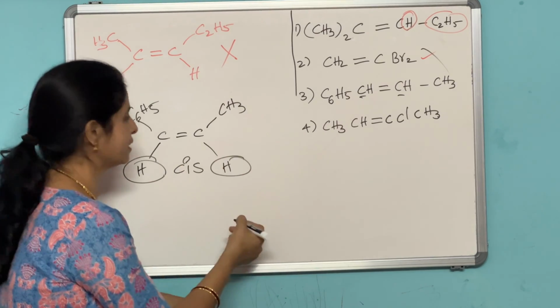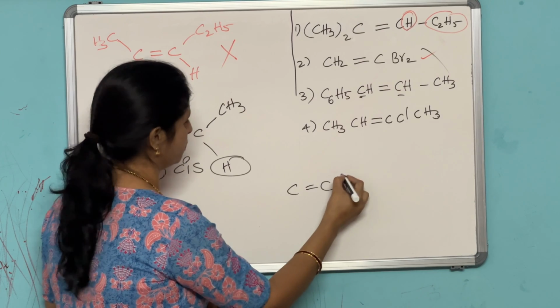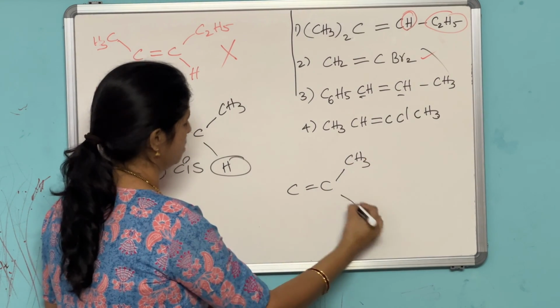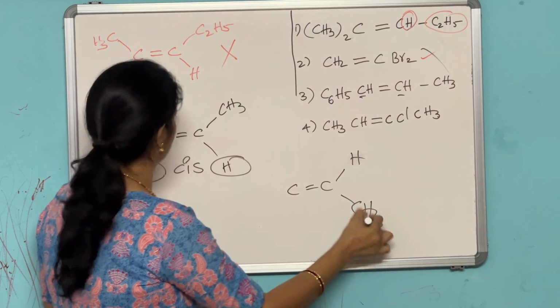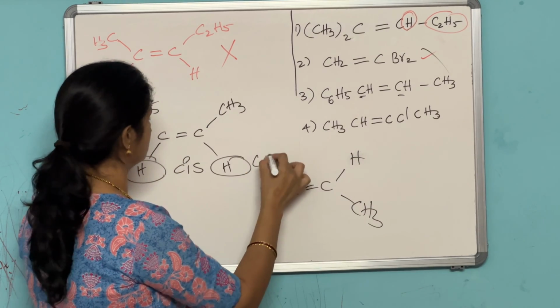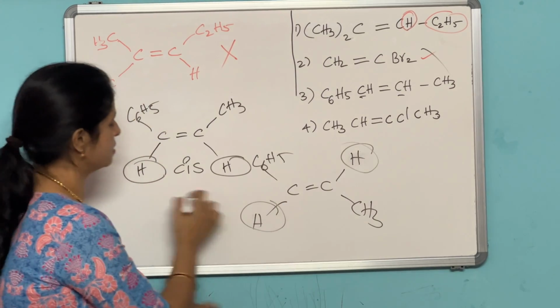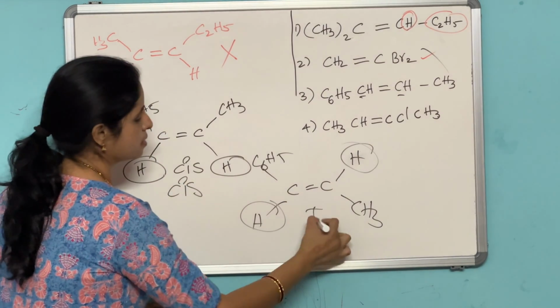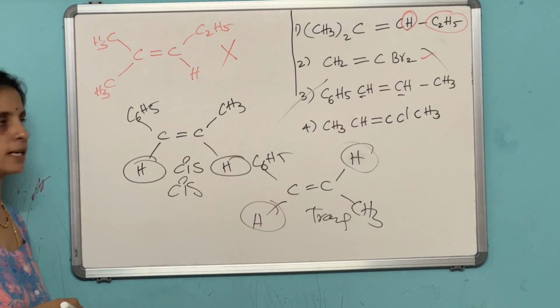Cis, and you can write the trans form also by flipping this. This is the trans form. CH3 here, hydrogen here, CH3 here, and it is C6H5, hydrogen. Same atoms, opposite side. This is cis and it is trans isomers. So this third one exhibits geometrical isomerism.